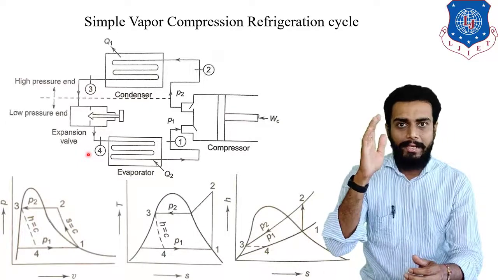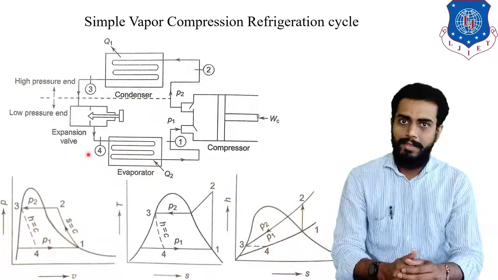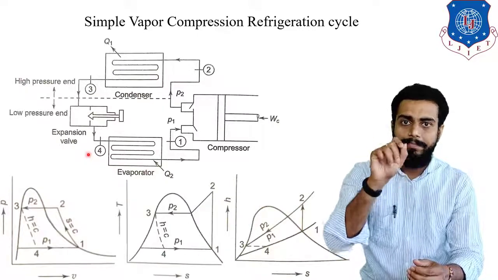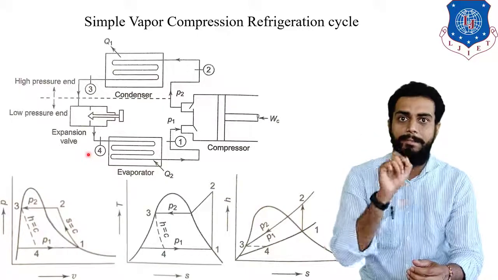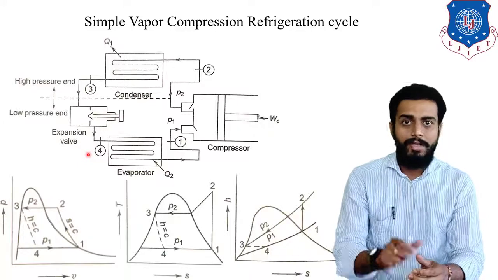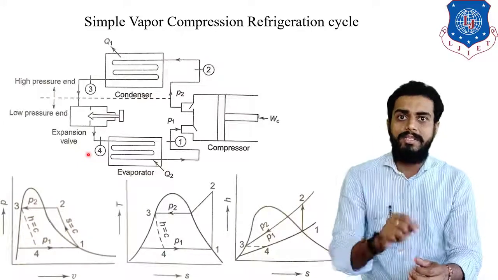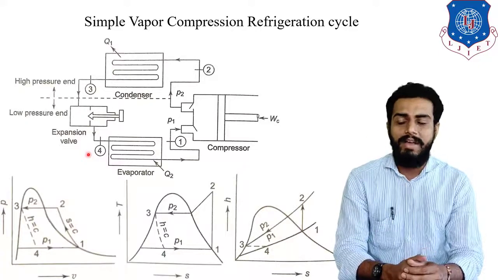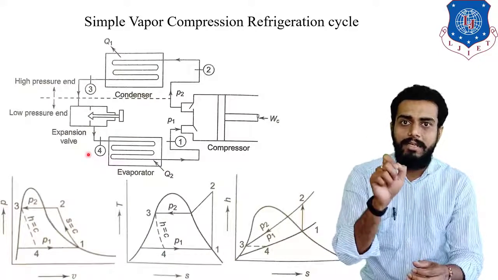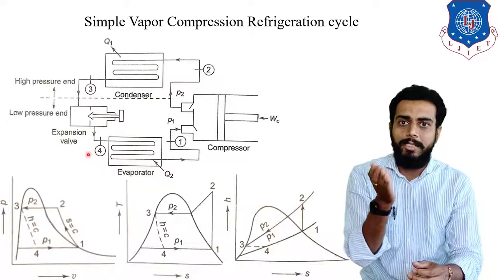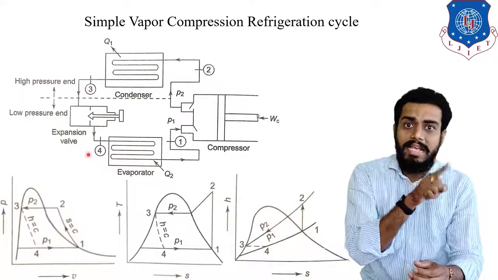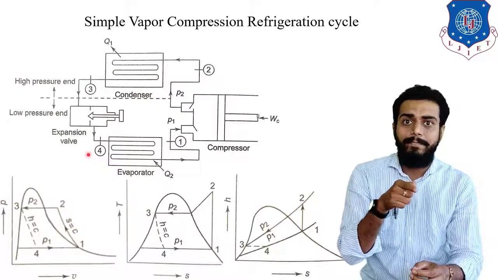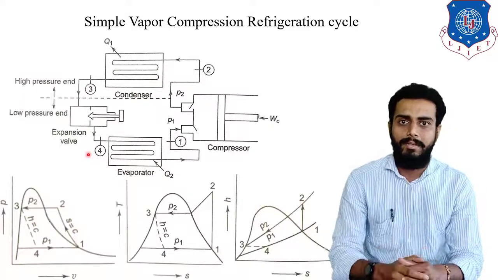Just open your mind and listen to me carefully. In the throttling device, what will happen? You are reducing the pressure of the liquid refrigerant. So this reduction in pressure is done such a way that at the outlet of the throttling device, the pressure is such that corresponding to it, the saturation temperature will be less than the atmospheric temperature.